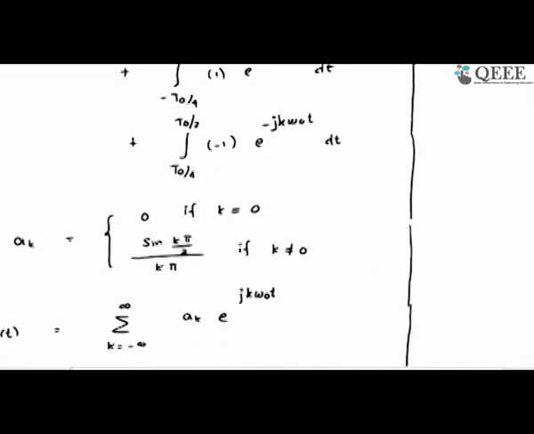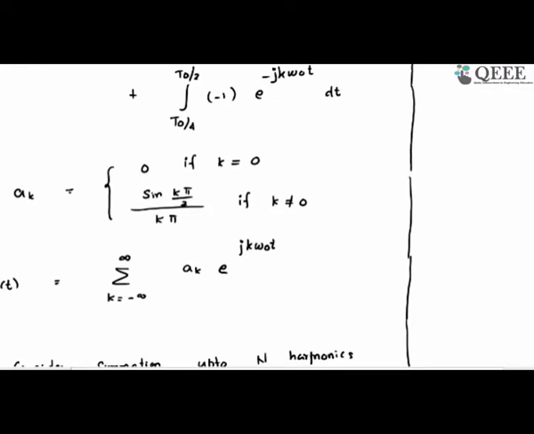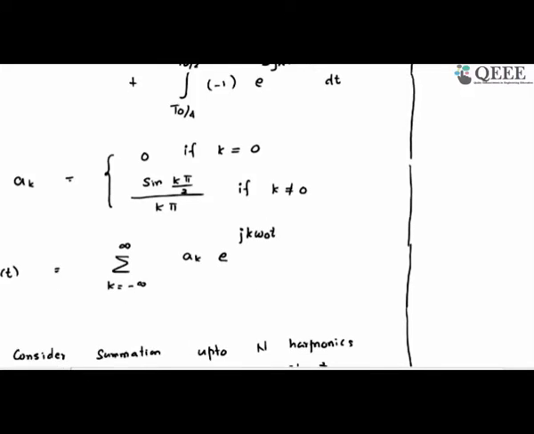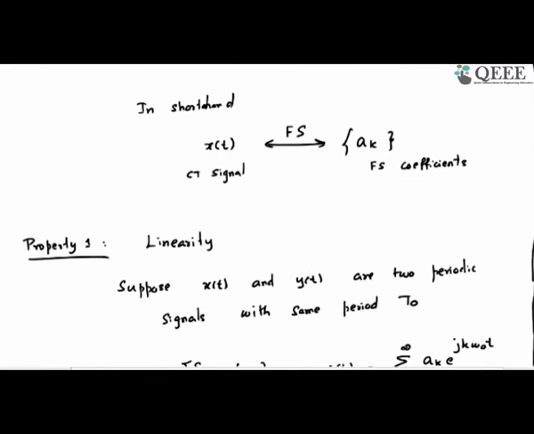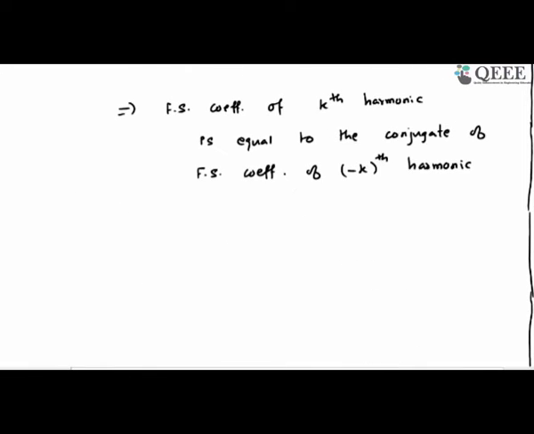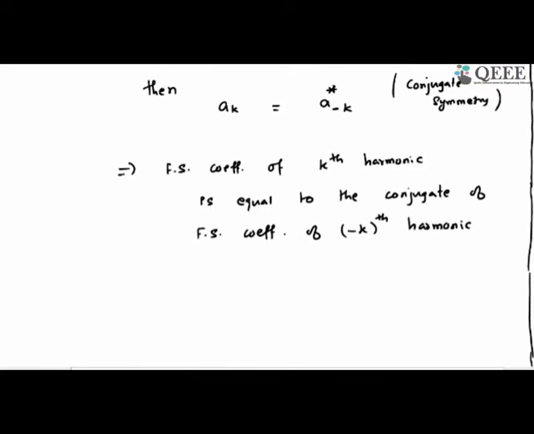We can clearly see that the coefficients are real, and the coefficient corresponding to the negative kth harmonic is the conjugate of the coefficient corresponding to the positive kth harmonic. Since they are real, the property is satisfied for that real signal.